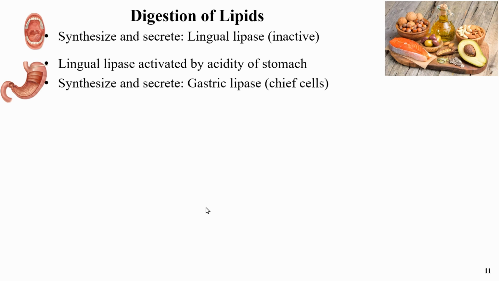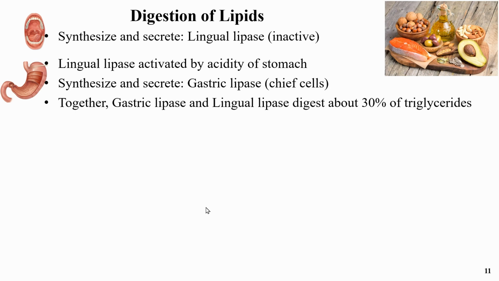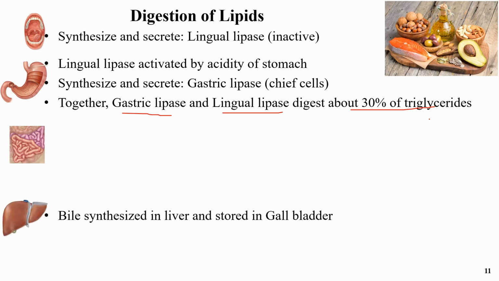Okay. And then you also do have gastric lipase as well. So if you think about it, together, gastric lipase in the stomach and lingual lipase digest about 30% of triglycerides. So that's quite a load. That's significant.